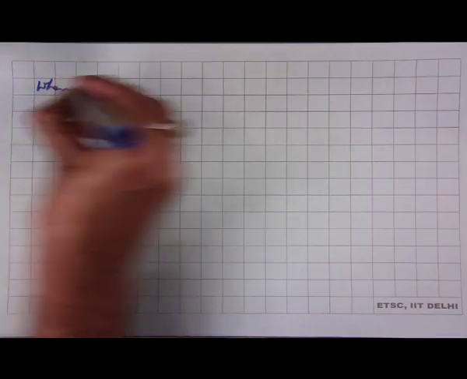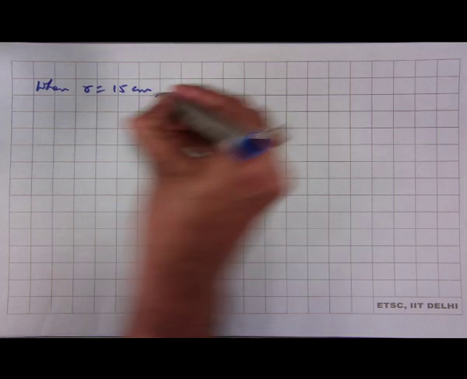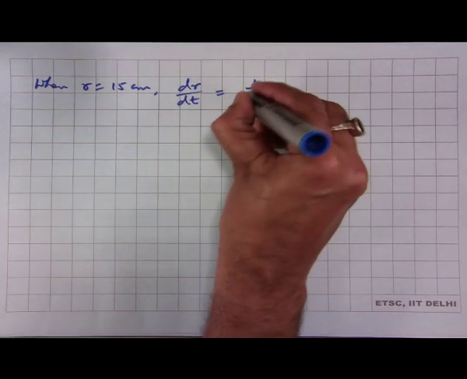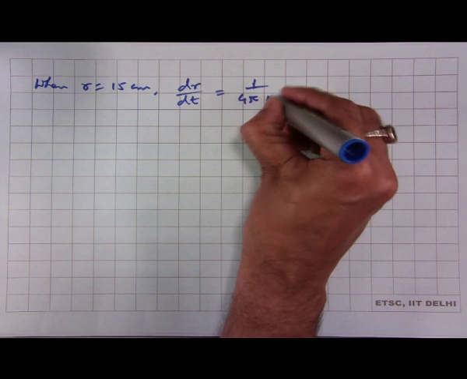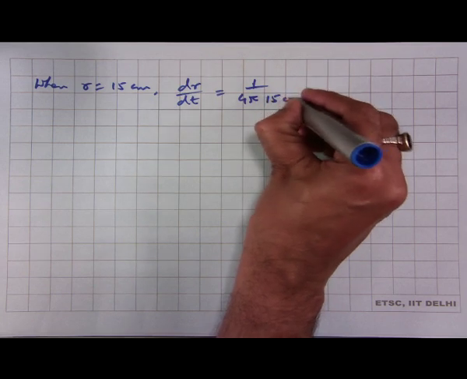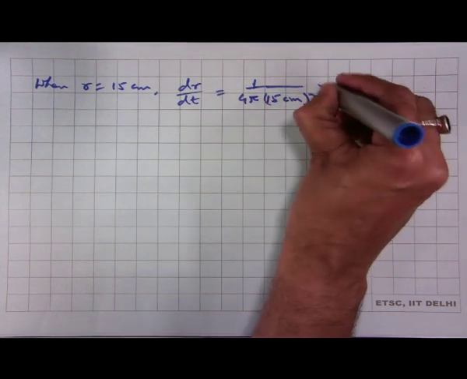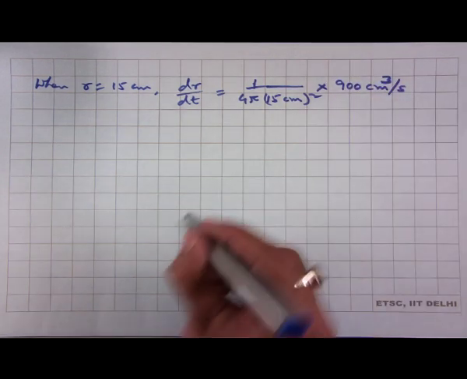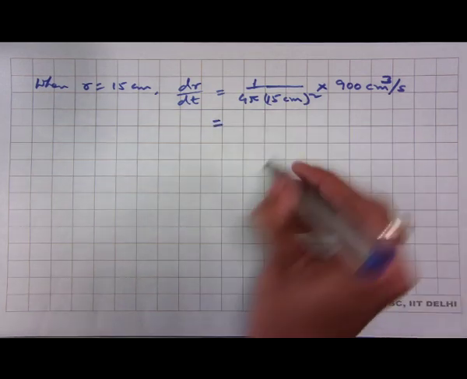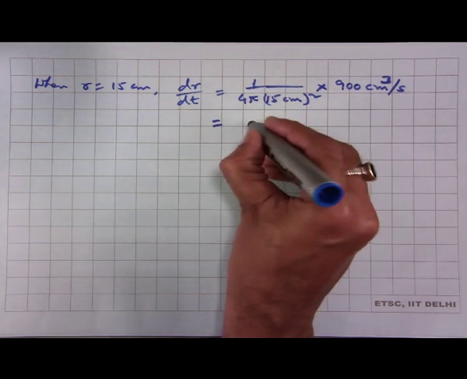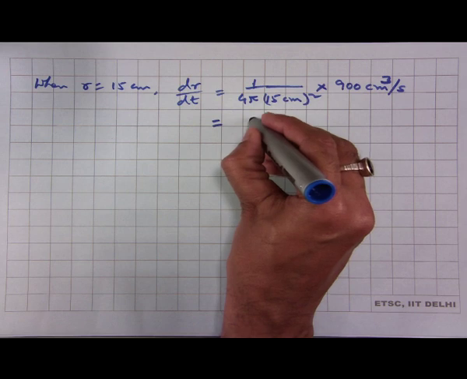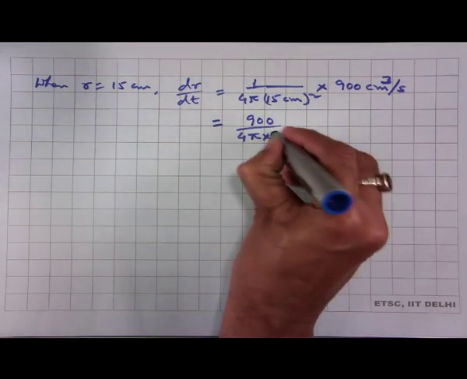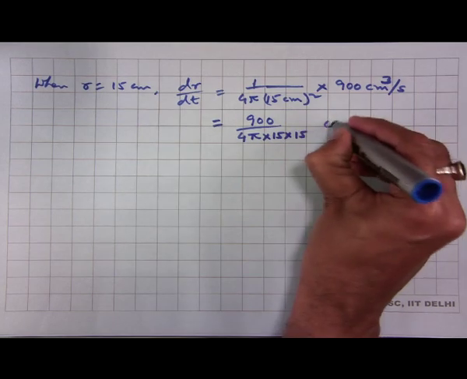So, when r is 15 centimeters, dr/dt is 1 by 4 pi times 15 centimeters squared times 900 cubic centimeters per second, and this gives 900 divided by 4 pi into 15 into 15 centimeters per second.